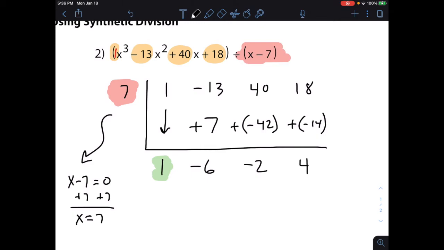The difference between x to the third and just x, or x to the 1, is 2. So this is an x squared term. Then each term from there on just reduces the exponent by 1.